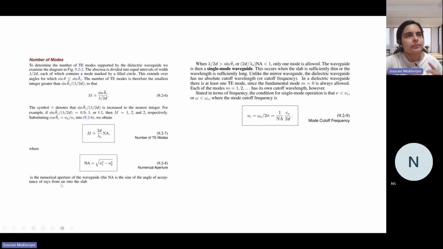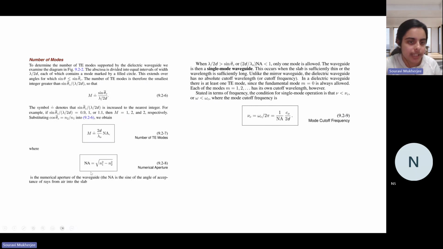By physical interpretation, the numerical aperture gives us a measure of how much light can be collected by the optical fiber. So the angle of acceptance of rays: from how far an angle can the rays be taken up by the optical fiber or the waveguide.